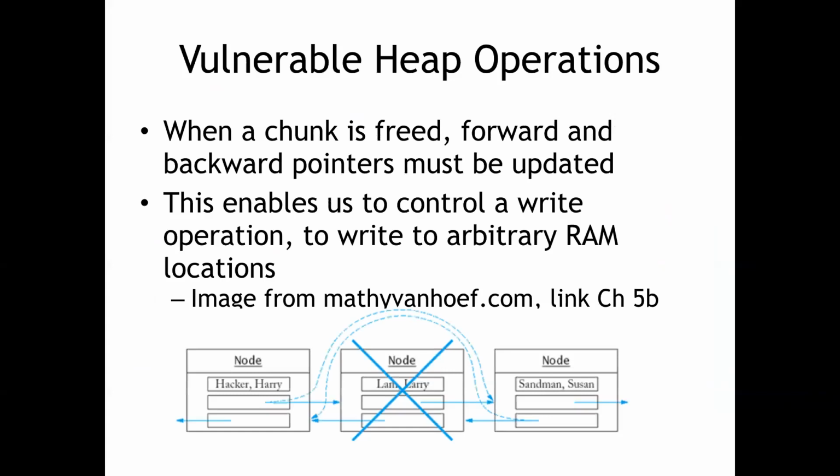Yeah. So the heap free function doesn't do that. No, the heap free function does update this stuff. But what it doesn't do is know if it's corrupt. So if I am able to overflow Larry and change the values here, then when this attempts to write a new pointer to Susan, it's going to use an address that I could have sent somewhere else. And when it tries to put data there, it's going to use data that I might have corrupted.